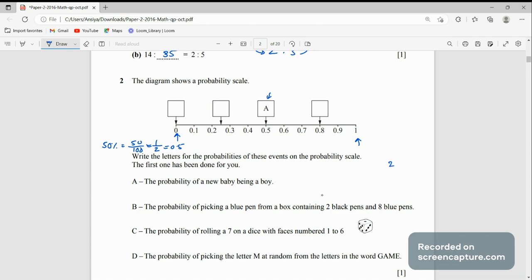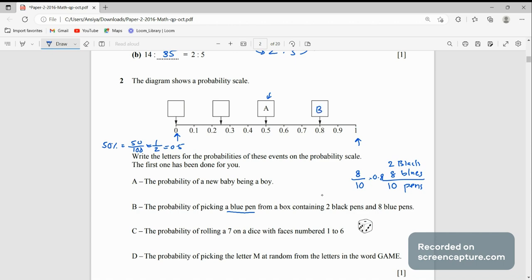So there are 2 black pens, 8 blue pens. Total, there are 10 pens. The probability of picking a blue pen, there are 8 blue pens out of 10. So this is 0.8. So this is B.